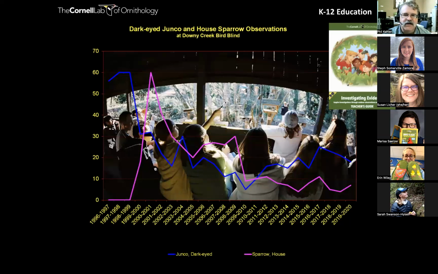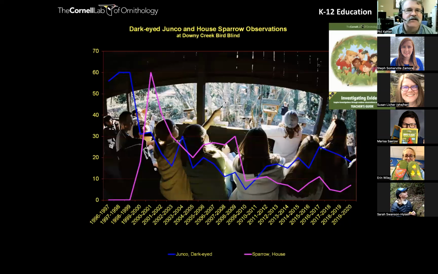And I somehow talked my administration, my parents, my students into helping build a bird feeding station complete with a bird blind. And this was just west of Portland, Oregon. And as you can see there, for more than 20 years, we collected data on the birds that came to the bird feeders. And kind of the key curriculum we used as part of that was investigating evidence.